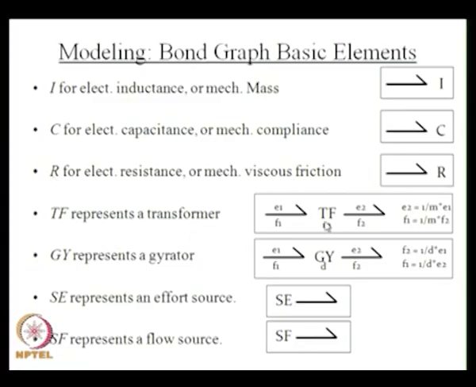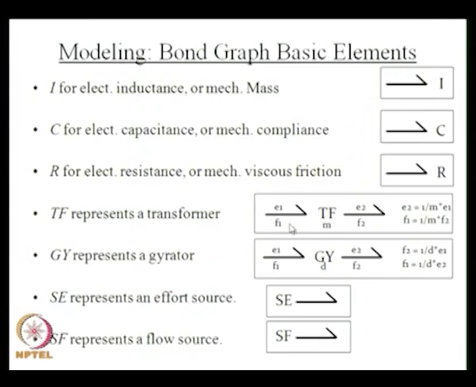TF represents a transformer. Whenever there is a transformation of energy from one form to another, or rotary motion to linear motion, or you can have a gearbox where rotary motion is transformed to another rotary motion with a ratio of power, then we can represent it by an element called TF. Here you can see E1 and F1 are the inputs, effort 1 and flow 1, then you have effort 2 and flow 2, and this TF with M represents the transformer ratio.